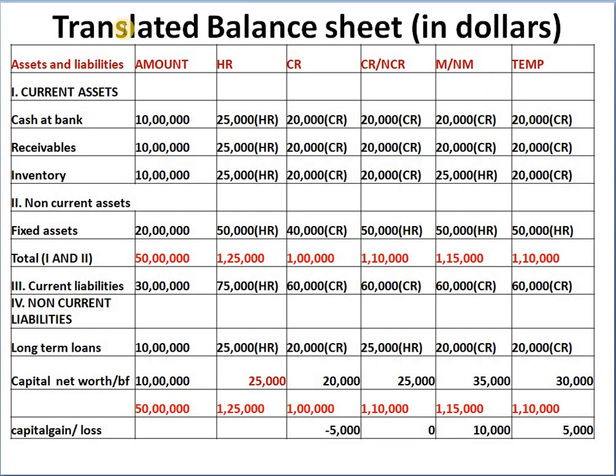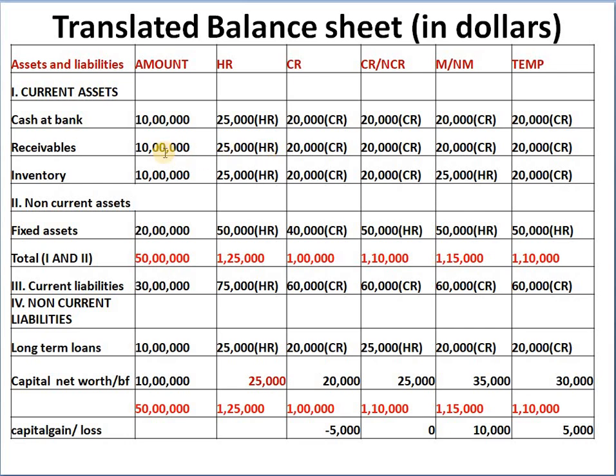Go on recording it. Next comes the receivables. Receivables, you have two receivables in the format. 5 lakh plus 5 lakh, you are going to get 10 lakh. Write down 10 lakh here in the amount column. Now receivables under historical rate method are recorded at the historical rate. Historical rate is 40.